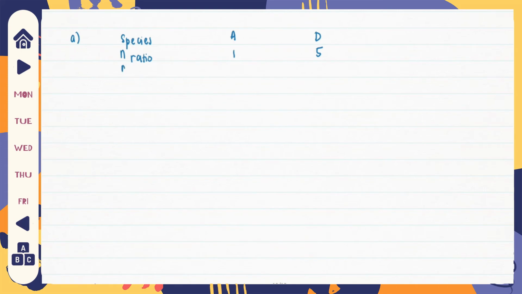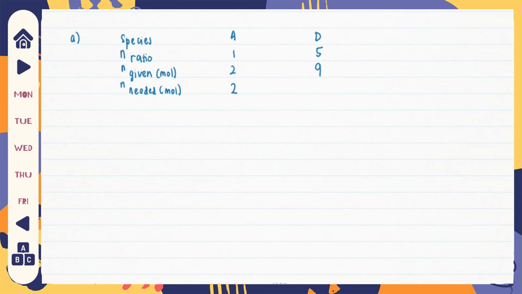Then mole given: 2 mole of A and 9 mole of D. Then mole needed to react with 2 mole of A.